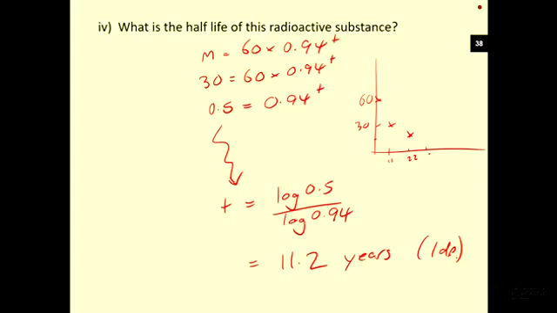Then after 33 years it'll be 7.5. After 44, what's the problem? Never gets to 0. Okay, it keeps halving itself, but it doesn't disappear. We're stuck with it. So it might get tiny, but we're stuck with it for a long time, especially if it takes 5,730 years or something like that to halve itself. We're stuck with radioactive waste for a long time.